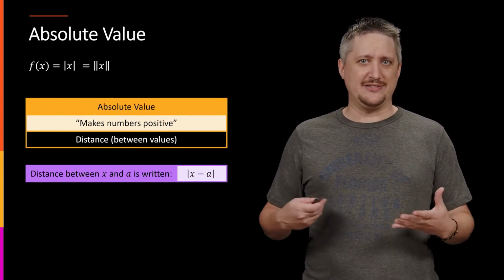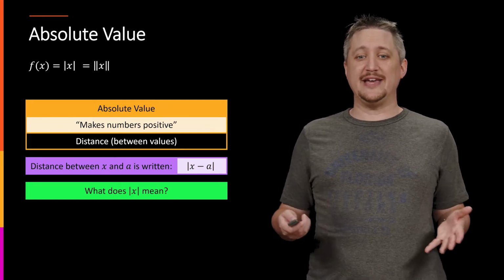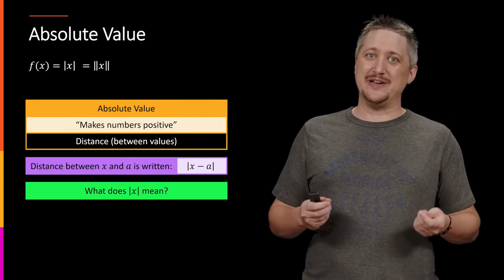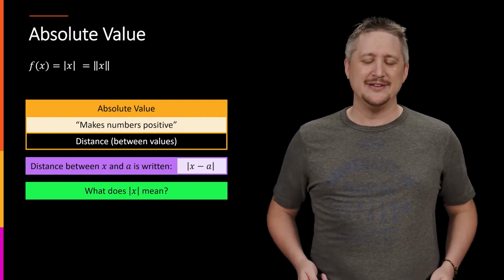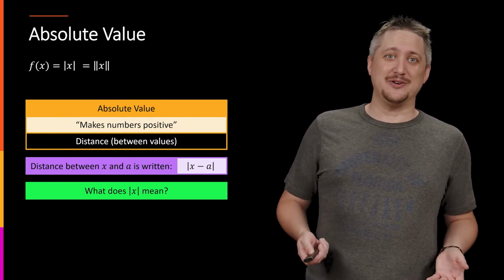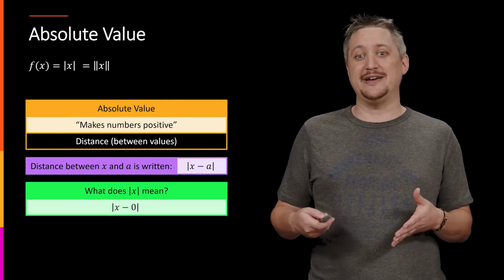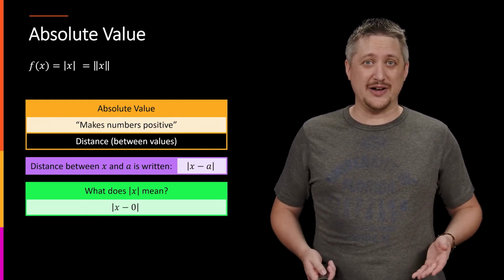Now, as a follow-up question, what does it mean if I have just the absolute value of x? I'm talking about thinking of absolute value as the distance between two things, but what if we only have one thing? Well, we can really make it two, by writing the absolute value of x minus 0. It's a little goofy to write, and we would normally simplify that away.